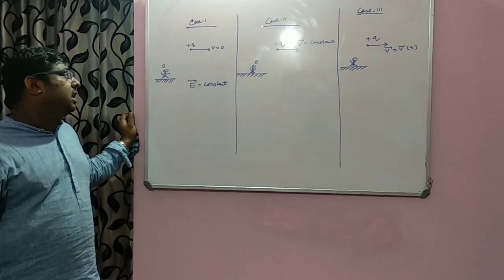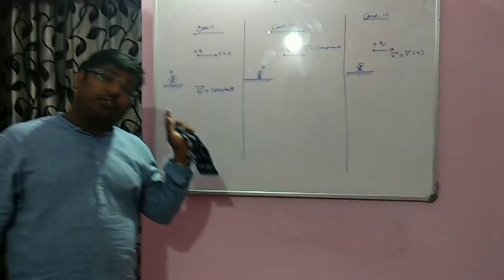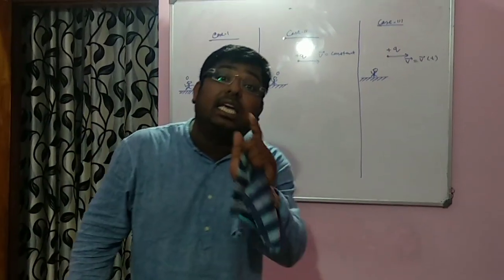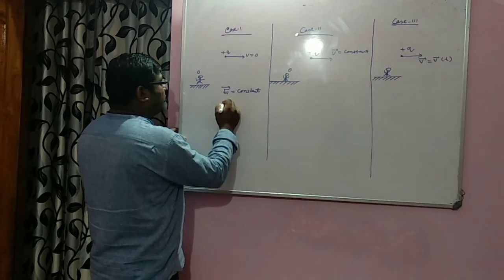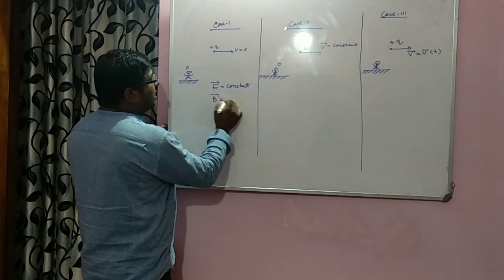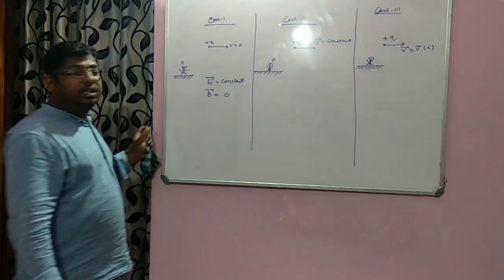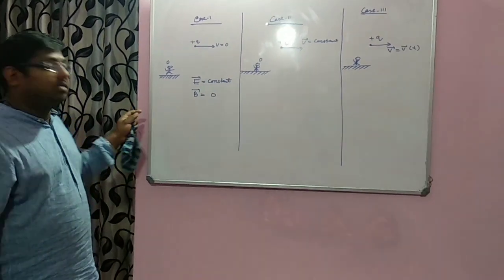That means the observer will observe only static electric field, and also he will observe a zero magnetic field. This topic is called electrostatic.